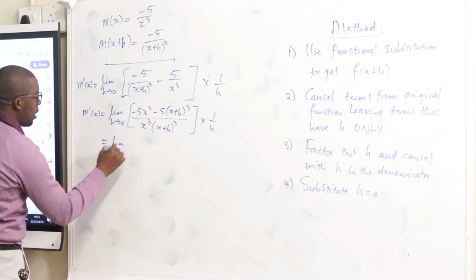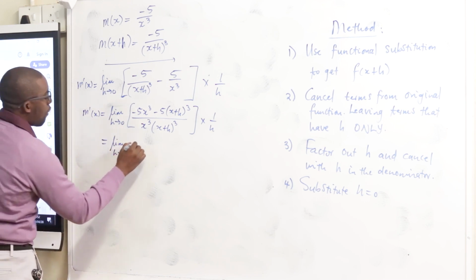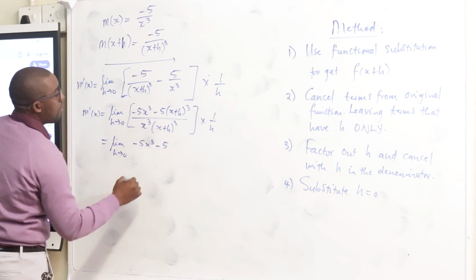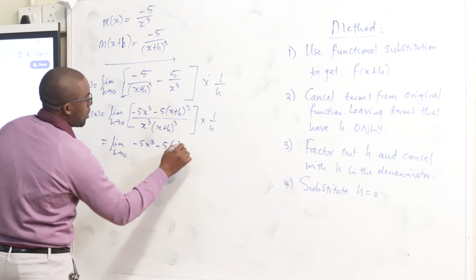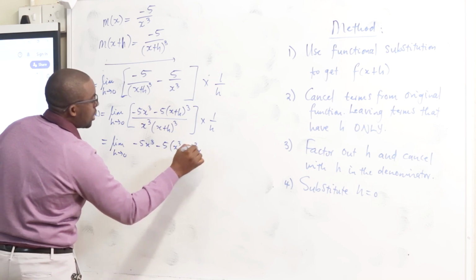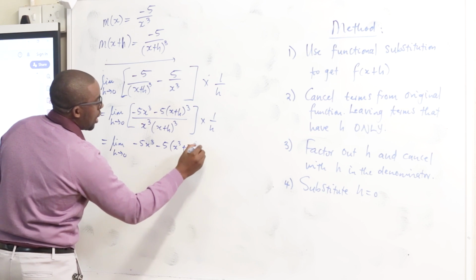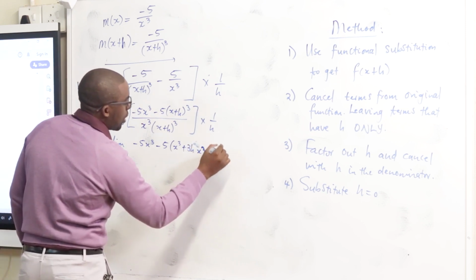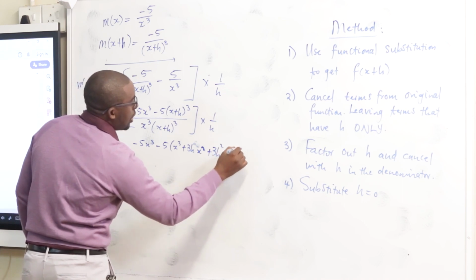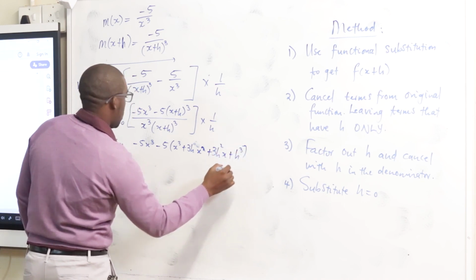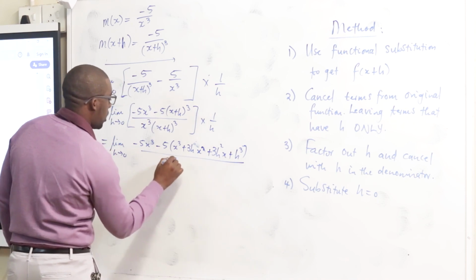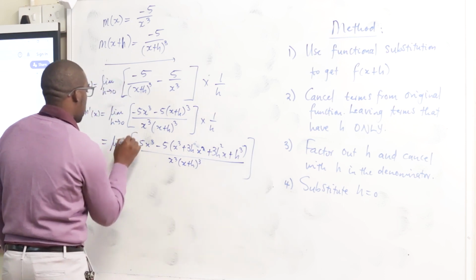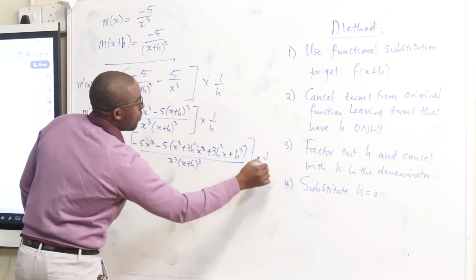So limit as h goes to 0 of minus 5x cubed minus 5x cubed plus 3hx squared, 3x h squared plus h cubed, all over x cubed x plus h cubed, times 1 over h.